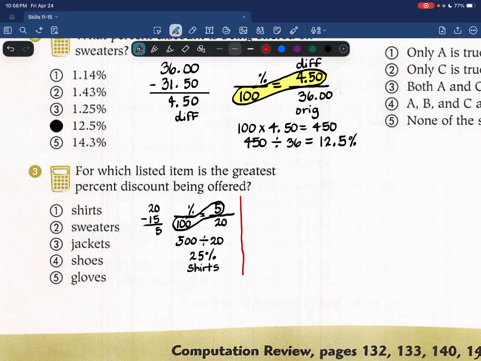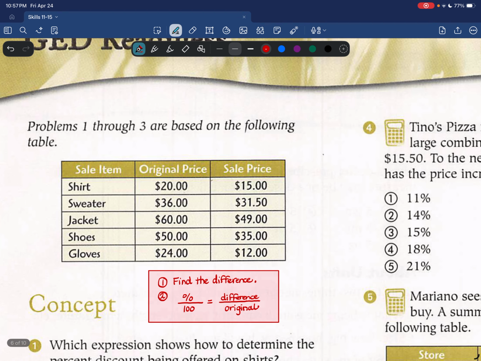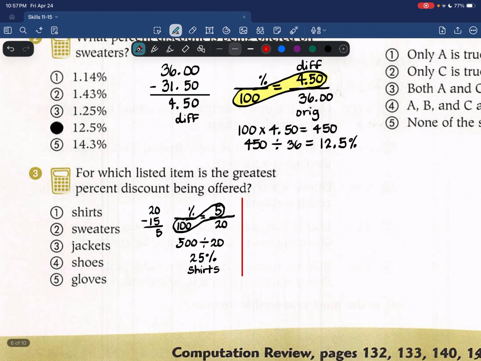And I think I'll put some lines here. All right, sweaters, we have 36 and 31.50. We just found that one right here. So the sweaters, let me just go right up here, the 12.5%. So we know that one's not it because 25% is bigger than 12.5%.